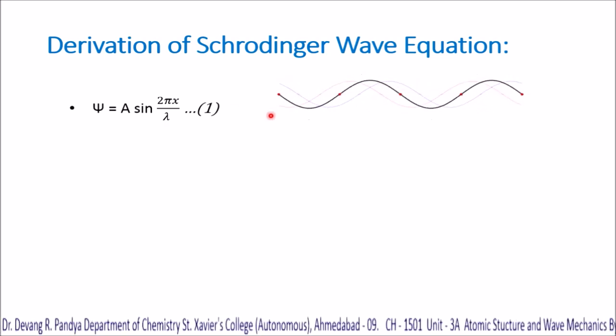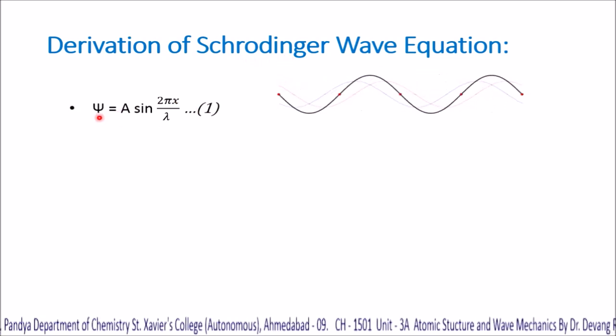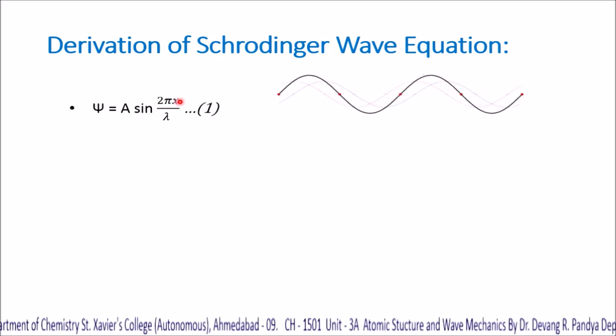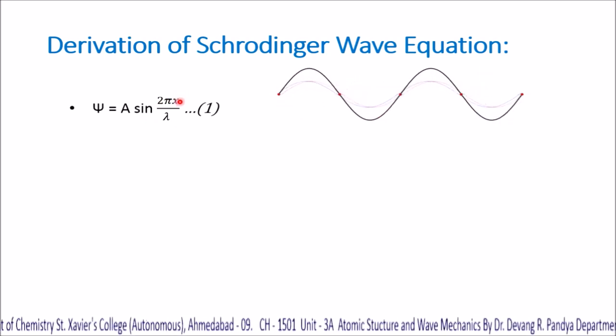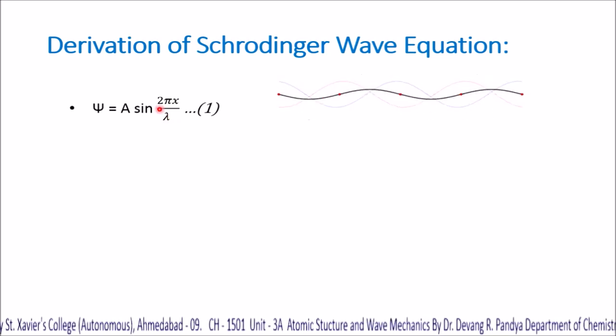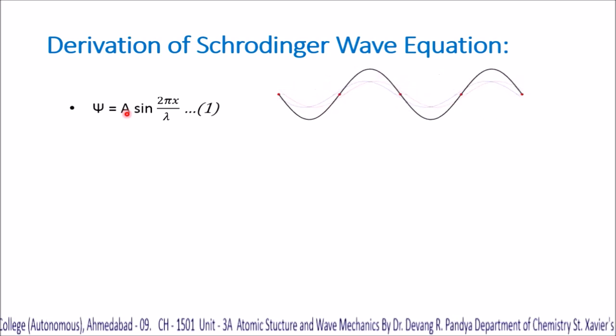With that, Schrodinger later compared the electronic wave. This psi is an amplitude defined as A sine 2 pi x by lambda, where x is the direction of displacement of the wave, lambda is the wavelength, 2 and pi are constants, and A is the normalization constant of the wave function.